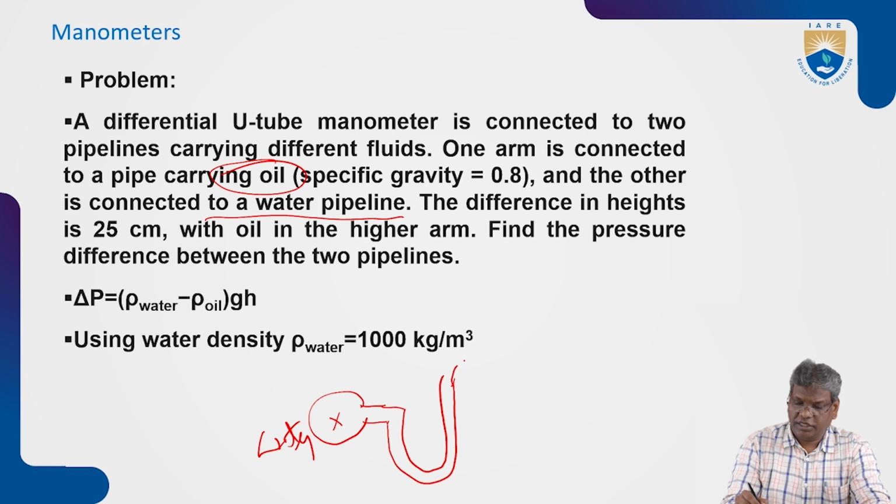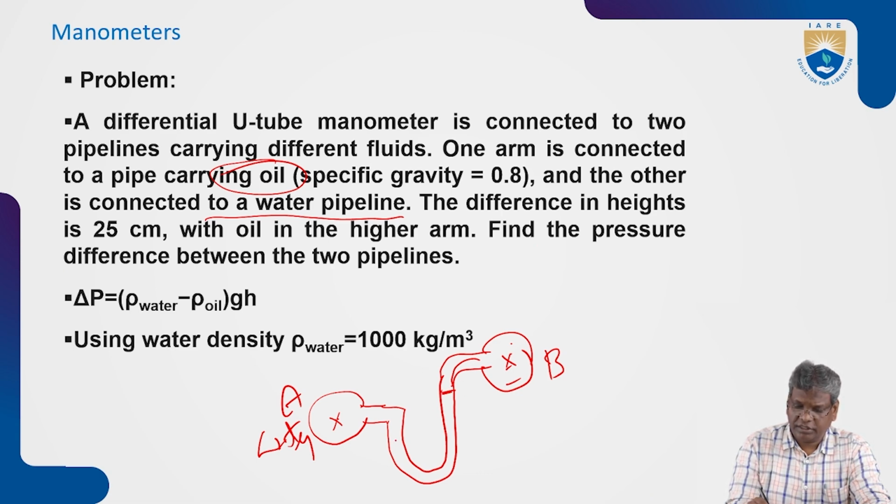The other one is carrying water, say point B and point A. So in the problem, one arm is connected to the oil and the other end is connected to the water pipeline, and the difference of heights is 25 centimeters with oil higher.